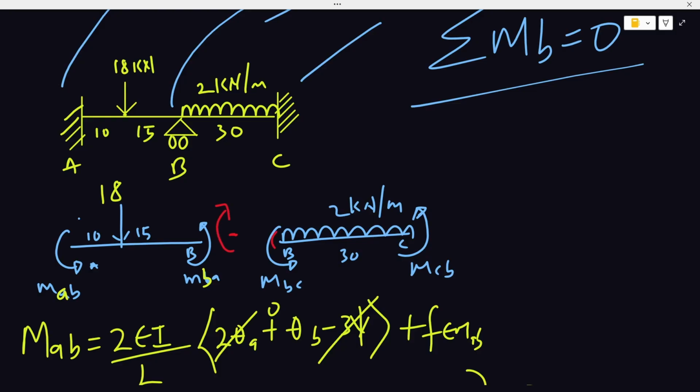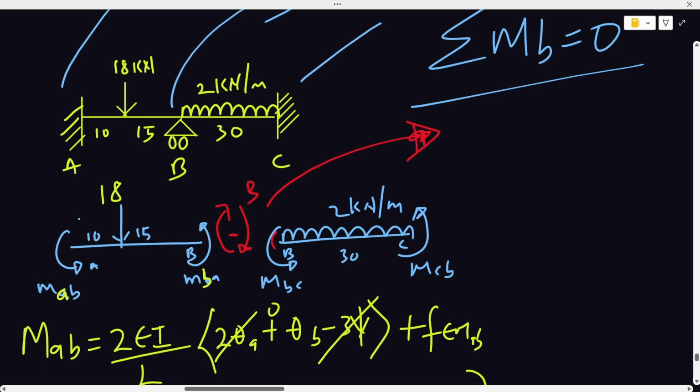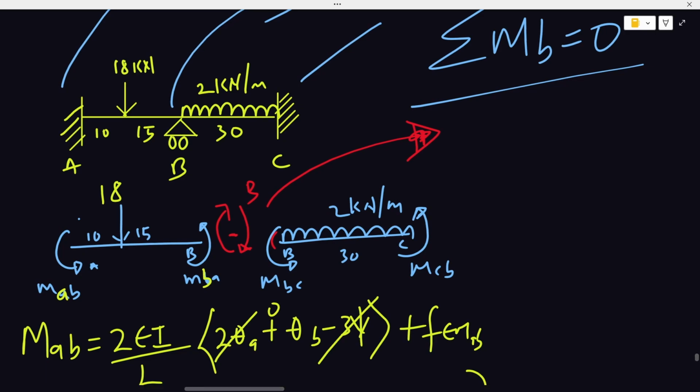If this is moving anti-clockwise also, I must have one moving clockwise also. So clockwise, this is B. So in applying moment at B equals to 0, I'm looking at the red ink now, the arrows in red ink.